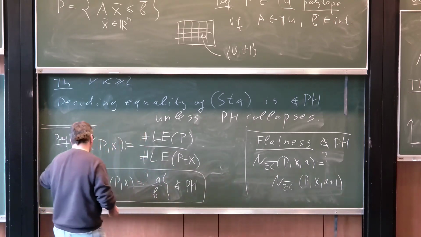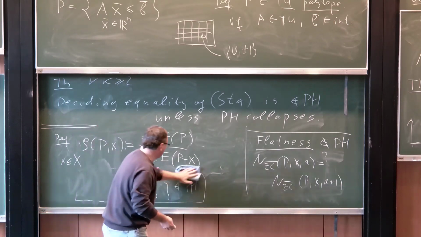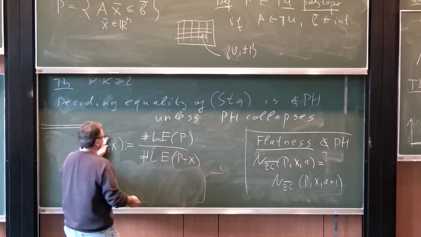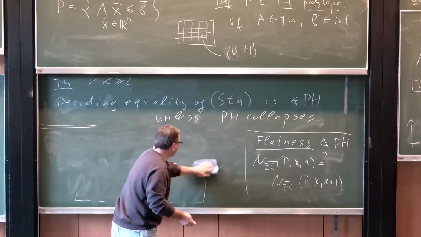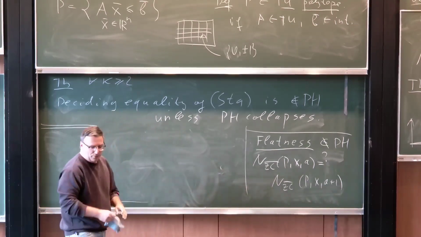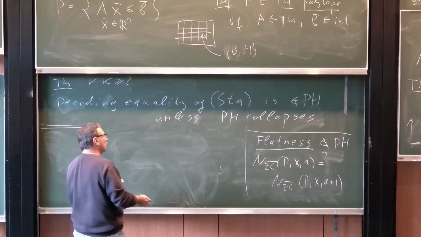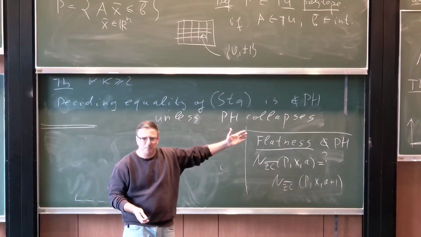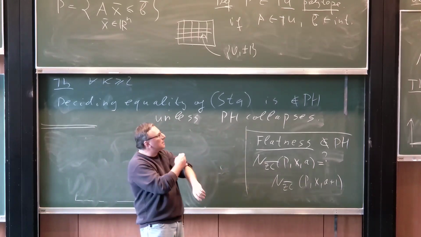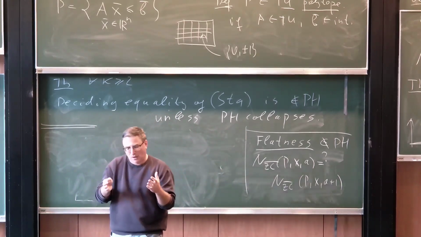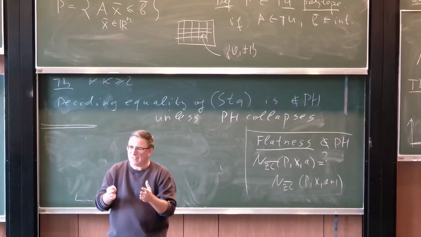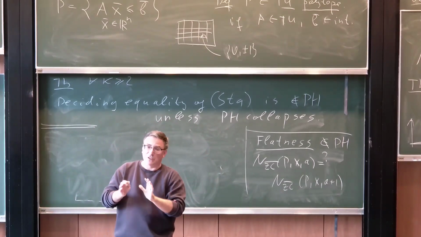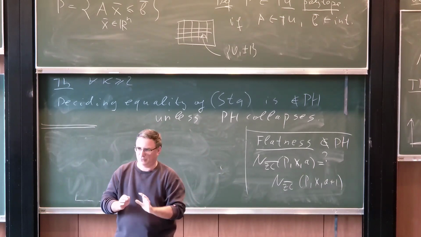So let me erase that, because that's maybe not as revealing, and let me use the space to explain what's going on. How can we possibly prove that? What does it really mean? What this really means is that Ramon, in his statement of the theorem, is hiding something from you.